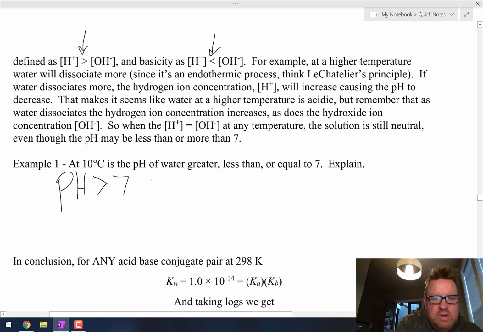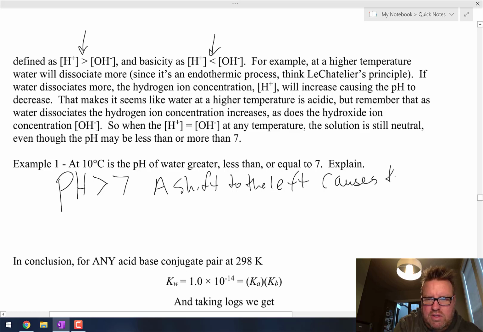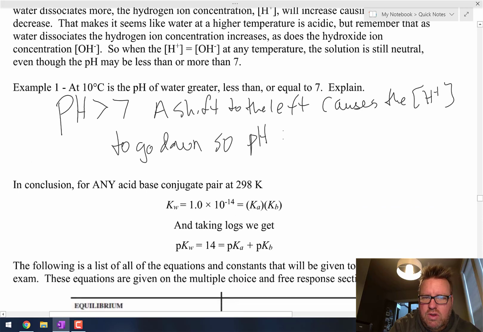So a shift to the left causes the hydrogen ion concentration to go down, so the pH is greater than 7.